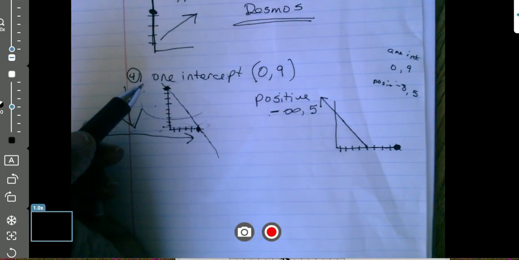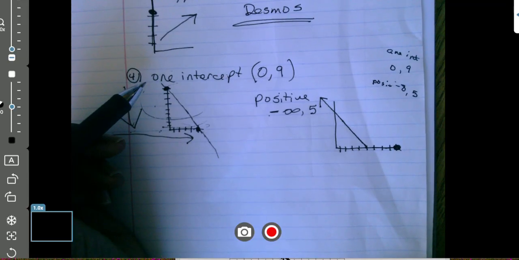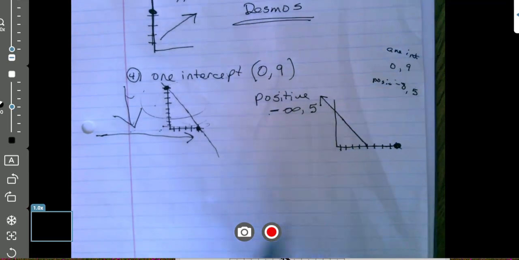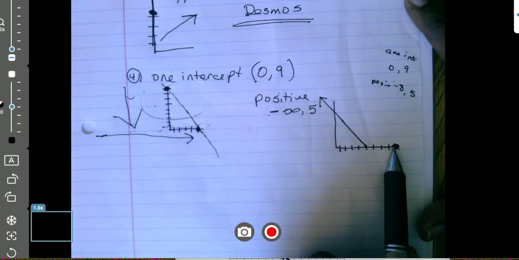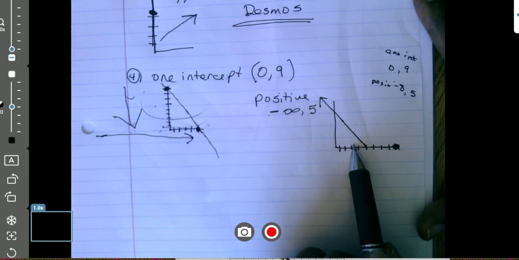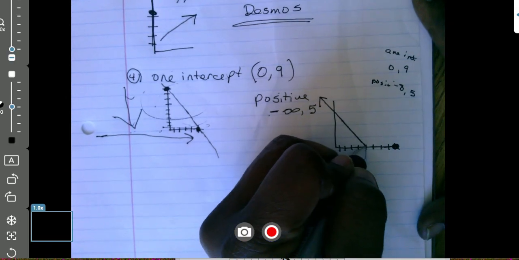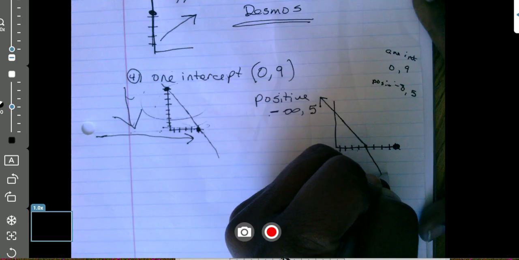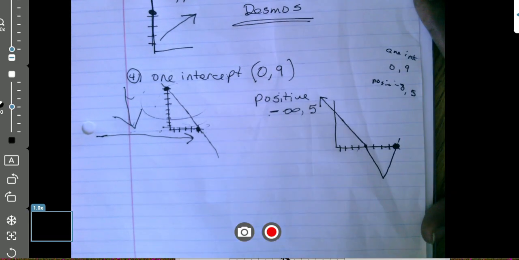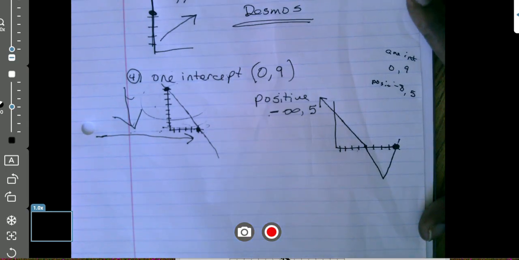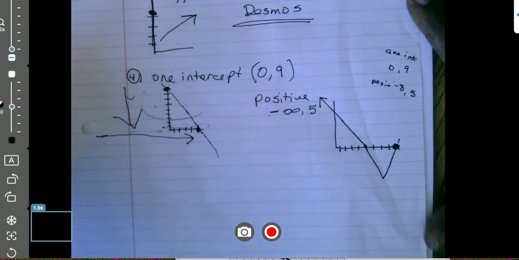So, yeah, this is what the graph looks like. Because I just did the same thing over again, and I can't get to this intercept and be positive at 5 from negative infinity, unless it did something like this and then went back up. But for the sake of the assessment, keep it simple.